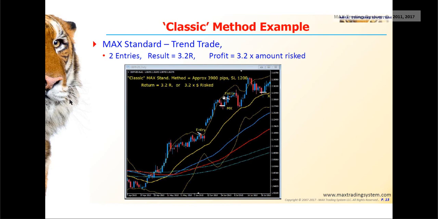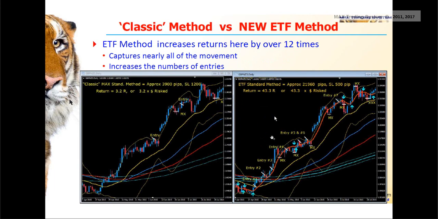So this is the old version, just the standard trend trading style. And here's what Eusebio has come up with. And I've got a comparison of them side by side. Okay. So this one shows the ETF standard, and the difference is quite remarkable.